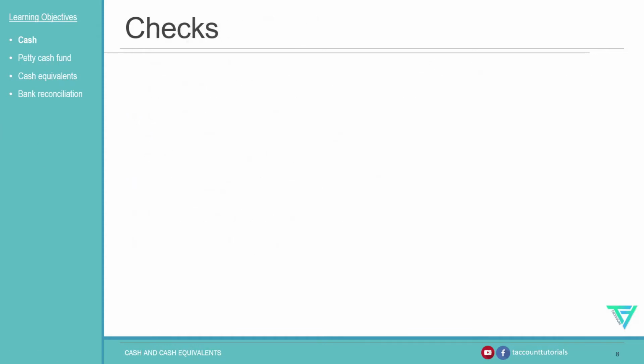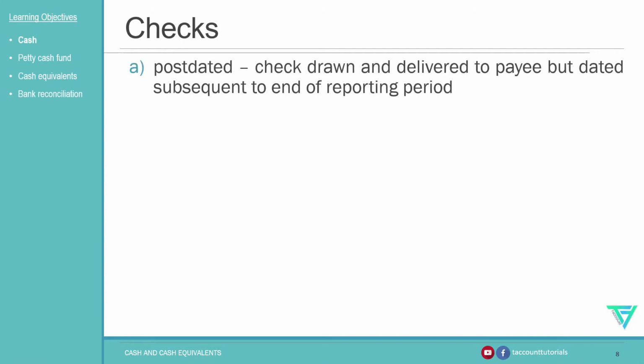The first type of check is postdated check. It is a check drawn and delivered to the payee but dated subsequent to the end of the reporting period. Before I give an example, let's assume that in all of my examples, the end of the reporting period is December 31.